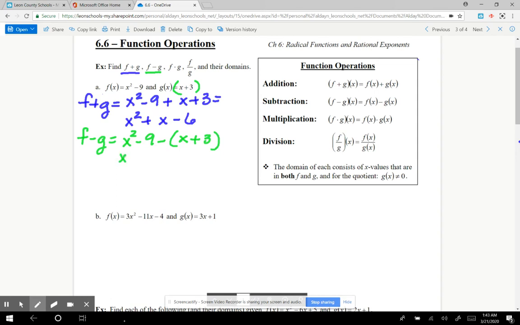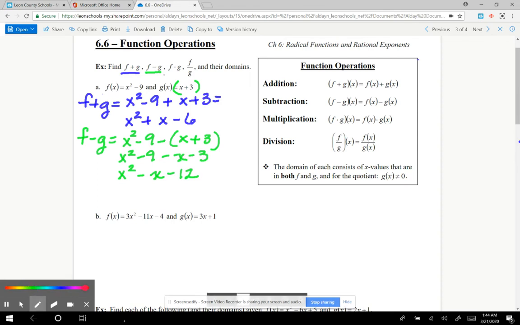So now we're going to distribute the negative. That's x squared minus 9 minus x minus 3. Combine like terms and put them in descending order as well: x squared minus x, and then negative 9 and negative 3 make negative 12. So f of x minus g of x is x squared minus x minus 12.